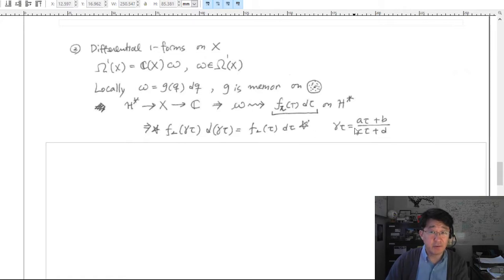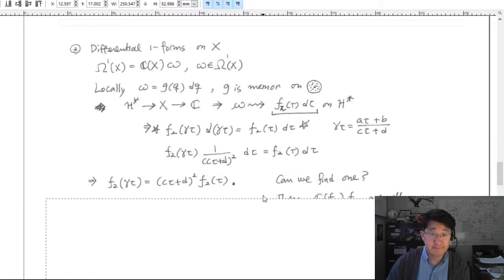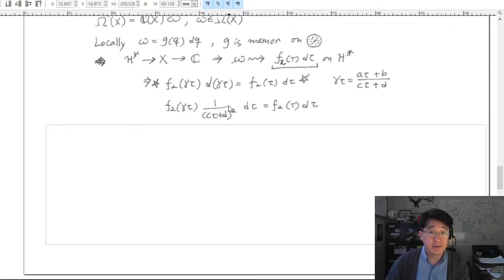So this gamma tau is given by this linear fractional transformation, and we're going to apply Leibniz's rule to that d gamma tau to unfold this one and compare that with the d tau, and then we get functions on the upper half plane. If you apply the quotient rule to that part, the numerator turns out to be exactly the determinant, and the determinant is 1, and that gives you this 1 in there. And the denominator is a square of that part.